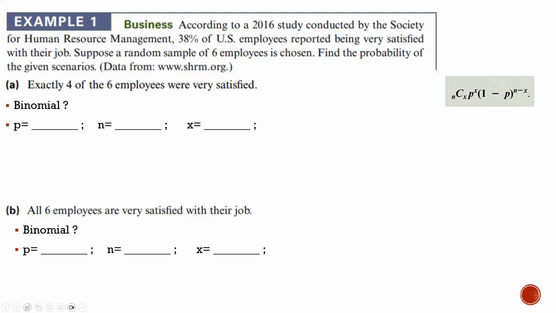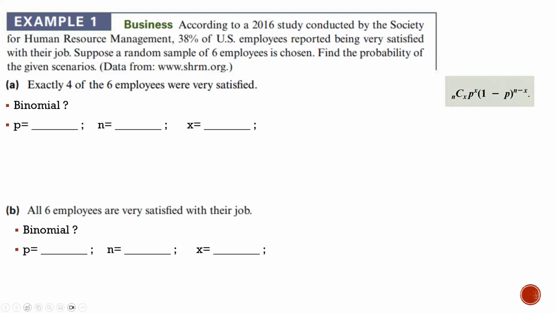So let's consider this. 38% of Americans who are working say that they are very satisfied with their job, at least back in 2016. Maybe that's less now, just my guess.